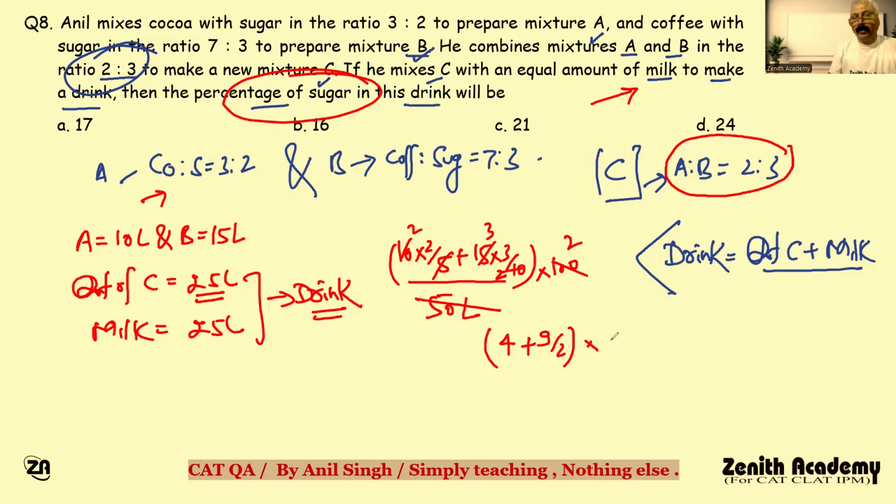So 4 plus 9 by 2 is 17 by 2, and out of 50 liters, the answer is 17%.